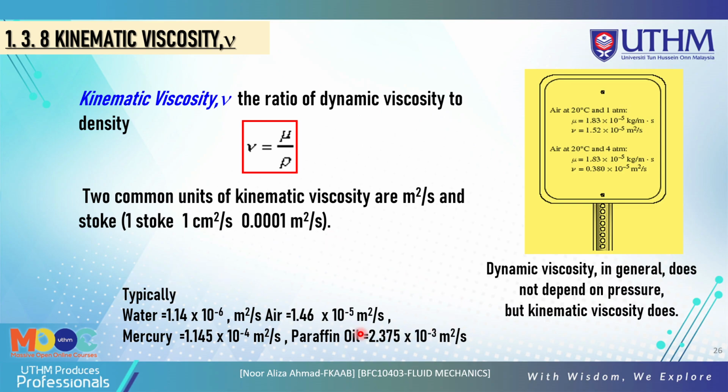Don't worry about the typical value for water, because all the values of kinematic viscosity will be given in the question in your test or final. Dynamic viscosity in general does not depend on pressure, but kinematic viscosity does.